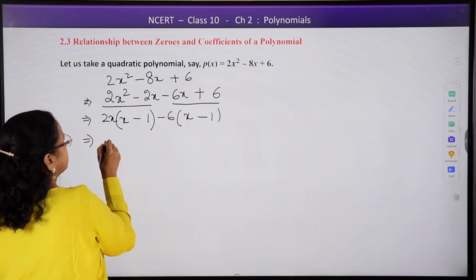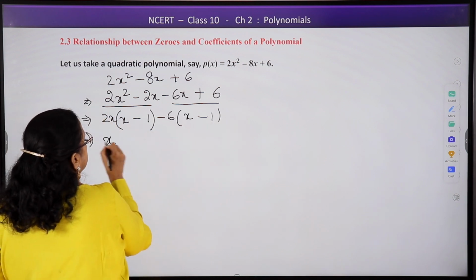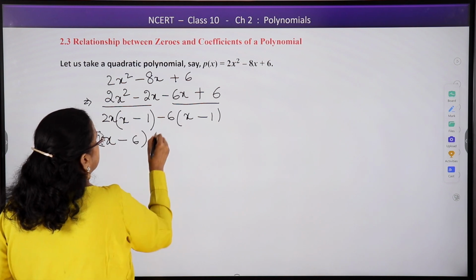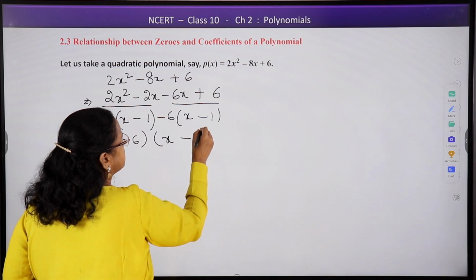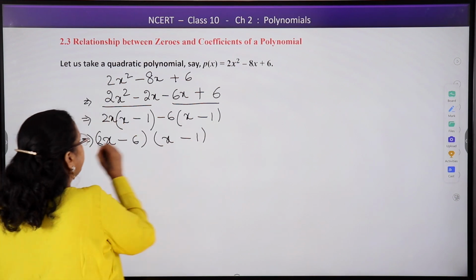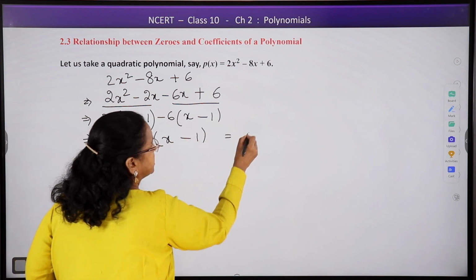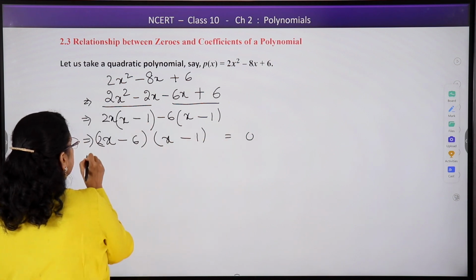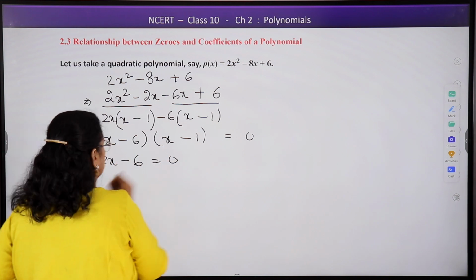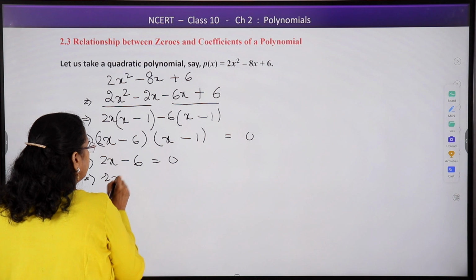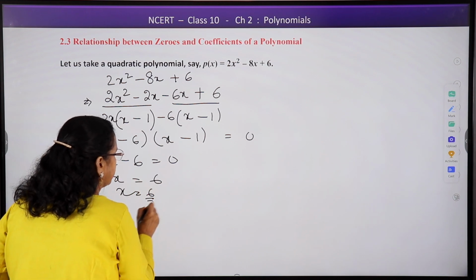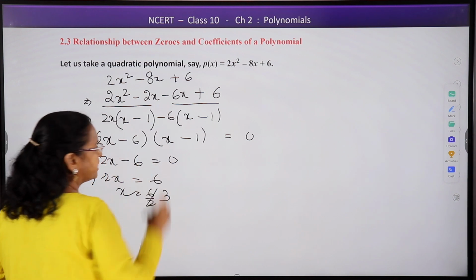That implies 2x minus 6, x minus 1. Now to find zeros of the polynomial, we equate this to 0. When we equate, we get 2x minus 6 equals 0, which implies 2x is equal to 6, x equals 6 by 2, that is 3.